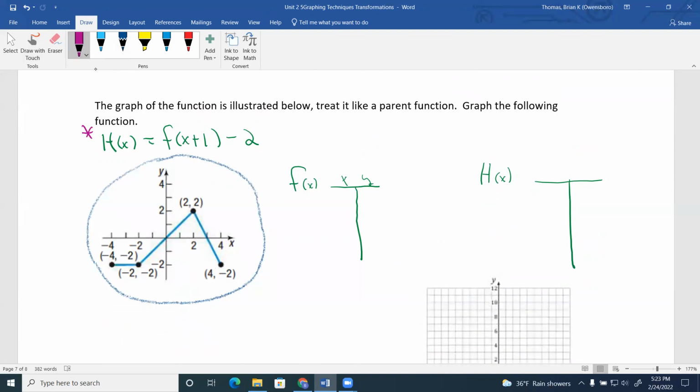So identifying the ordered pairs of my parent function, they're already given to us. There's this -4, -2. There's this -2, -2. There's this 2, 2, and there's this 4, -2.